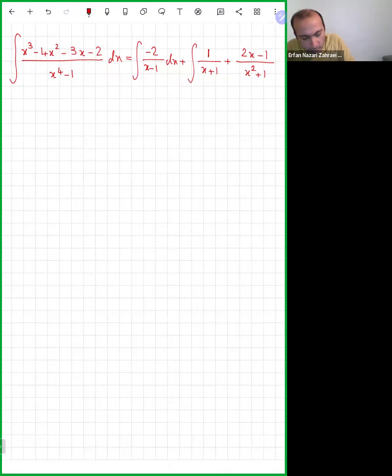Okay, integral dx, or let me first, I don't have enough space here. Let me just keep it as the partial decomposition first and then break it into simpler integrals.